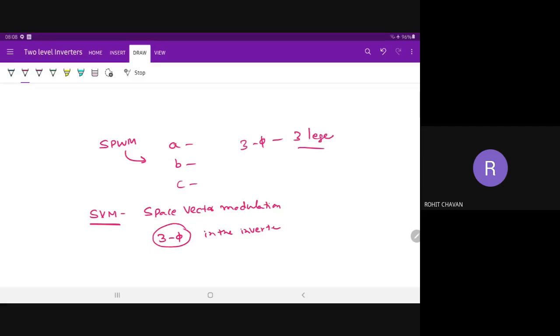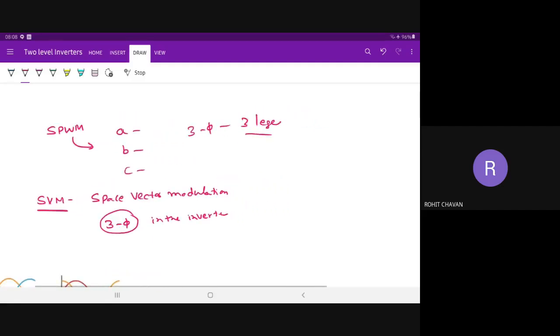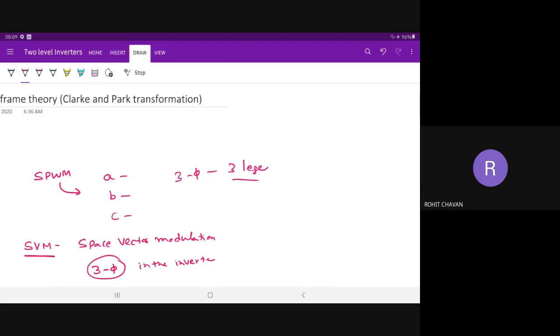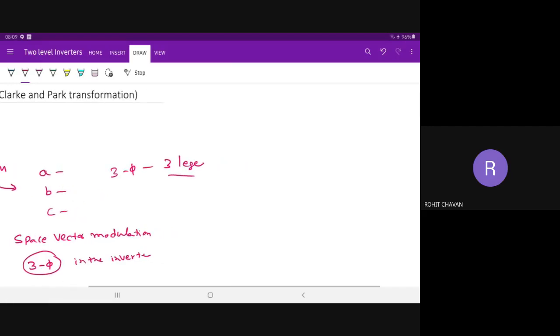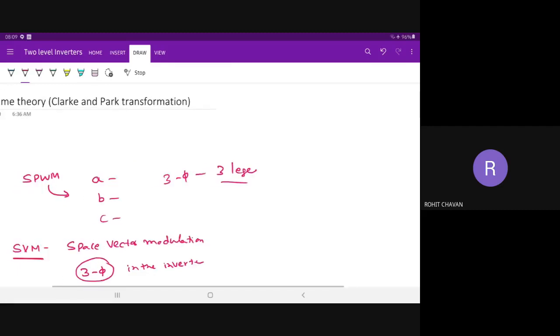In case of sine PWM technique, individual phases are controlled. In case of SVM, you can directly control the three phases. For this, some basic things are required, that is transformation of axis, also known as Clark and Park transformation.